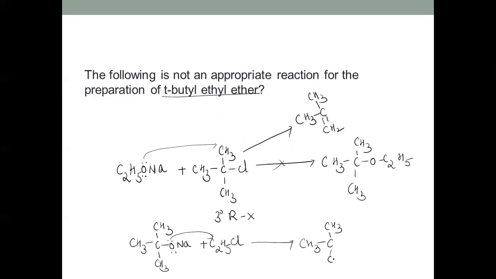Right. Tertiary butyl ethyl ether is being formed. So always the alkyl halide should be used as a primary alkyl halide. And the alkoxide can be tertiary or secondary depending upon the product you wanted. Right? This is a correct reaction for the preparation of tertiary butyl ethyl ether.